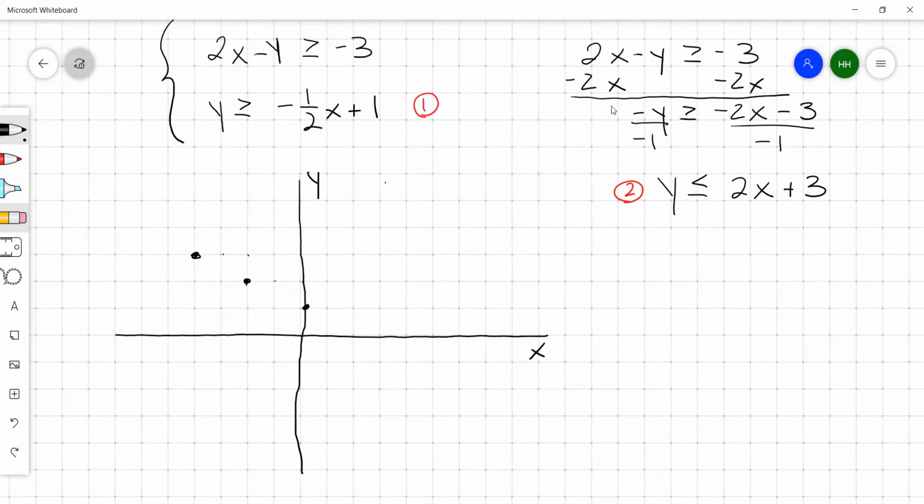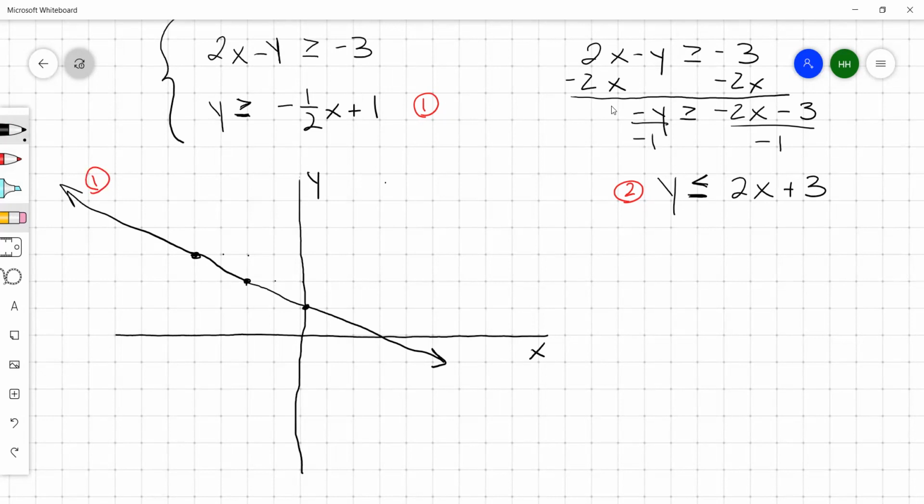So there's 3 points that are on the line. Now, this line, since this symbol is greater than or equal to, that makes it a solid line. Greater than or equal to, or less than or equal to, those are solid lines when you draw the line. So I'm going to try to get a line through here now. And we got one going up this way. So there's line 1.